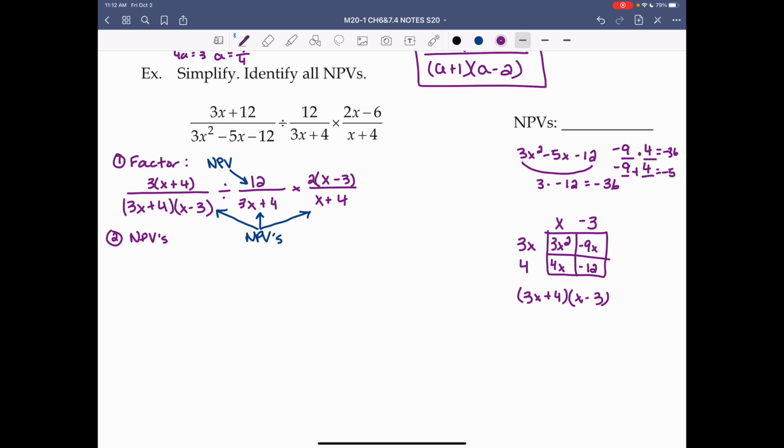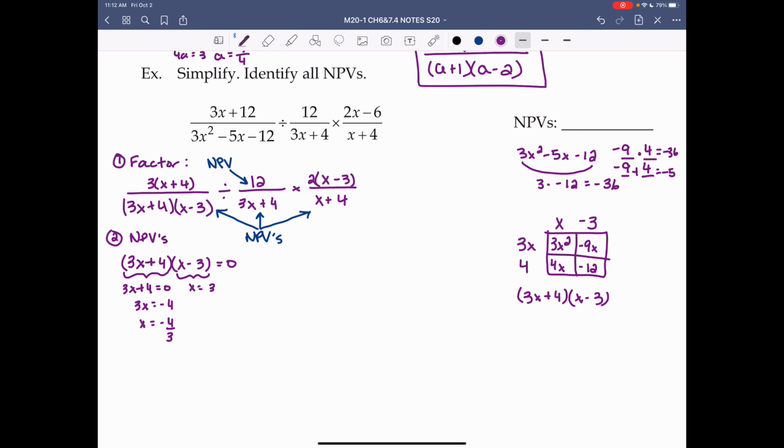First denominator is 3x plus 4 times x minus 3. When is that equal to 0? This part, 3x plus 4 equals 0 when 3x is negative 4, which means when x is negative 4 over 3. And then x minus 3 equals 0 when x equals 3.